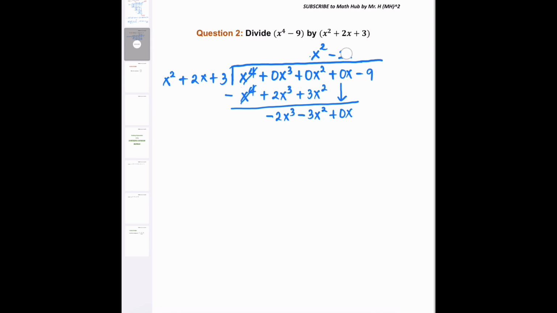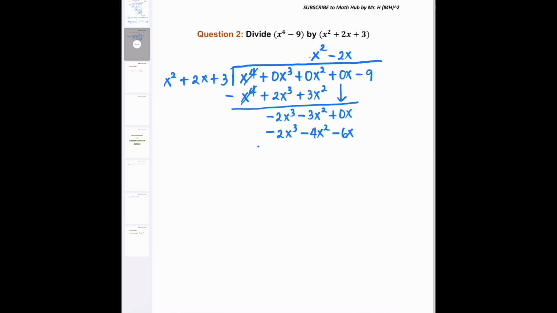Negative 2x times x squared is negative 2x cubed. Next, negative 2x times positive 2x is negative 4x squared. Negative 2x times positive 3 is negative 6x. Then we carry on with the subtraction.